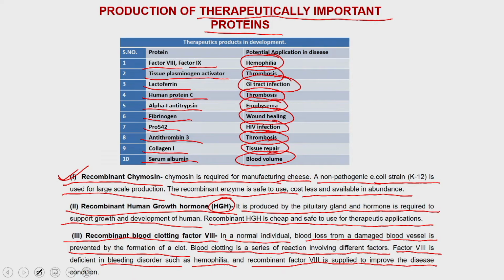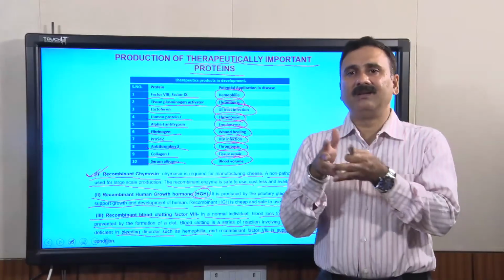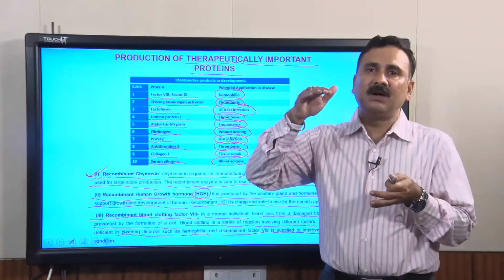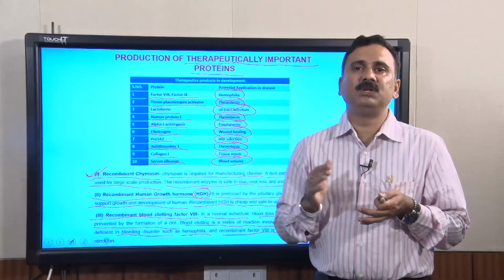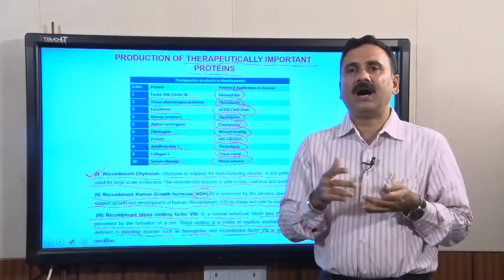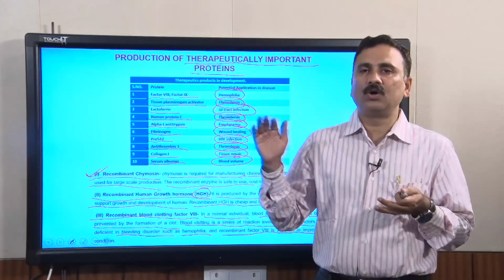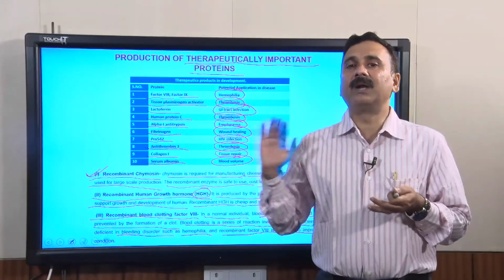These pathways are a series of cascades with multiple enzymes, ultimately terminating in the activation of thrombin. Once thrombin is activated, it cuts the fibrinogen to generate fibrin, and these fibrin fibers cover the wound, and that is how you stop the bleeding.